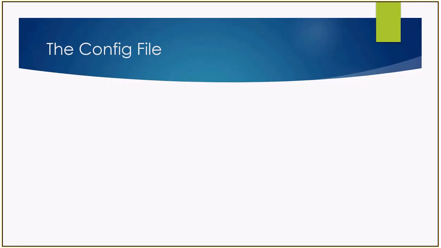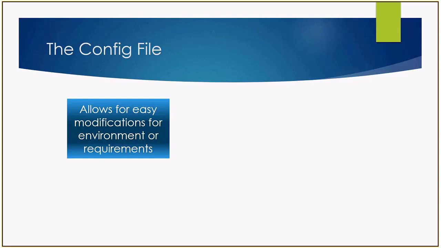Fantastic. So I've talked about this a couple times, the config file. So what is the config file? In general, the config file simply allows for modifications of your environment for different requirements. So say, for instance, I wrote a script that created a site column on a list in a site.